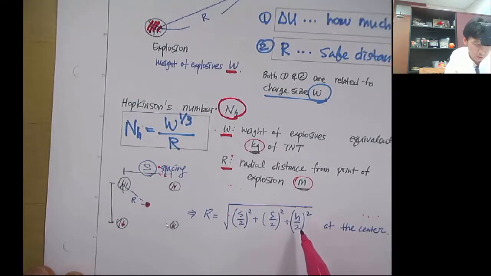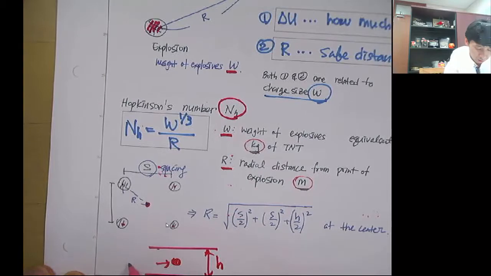So H here will be the total thickness of the layer of compacted fill. So say that your TNT or the explosive is here.